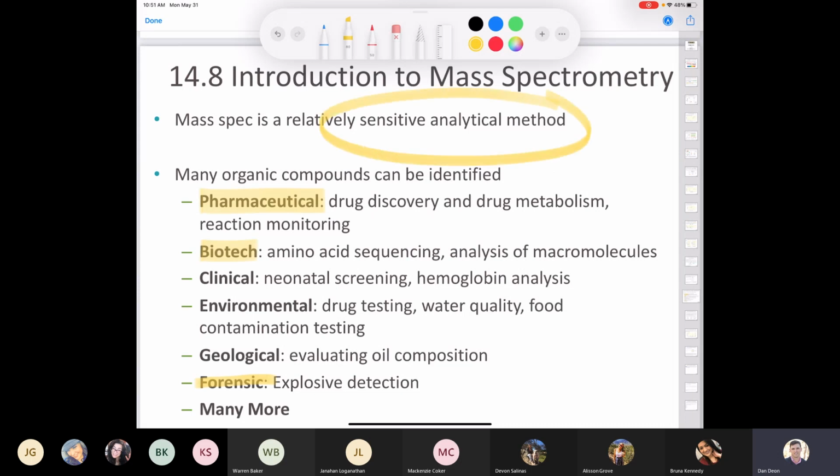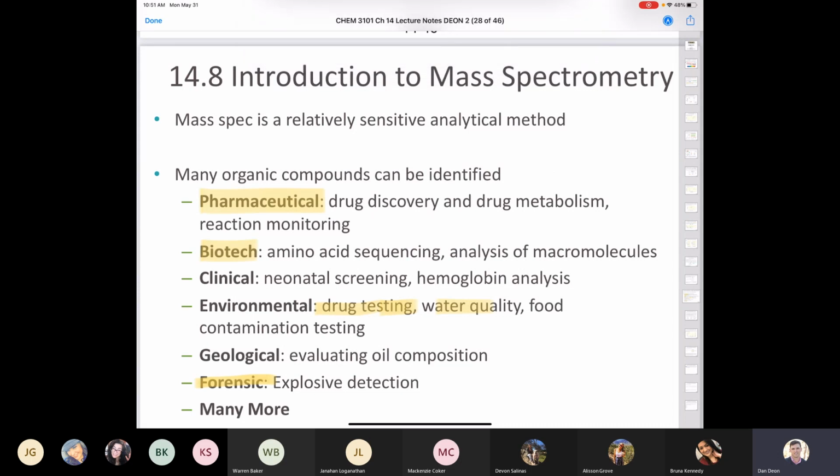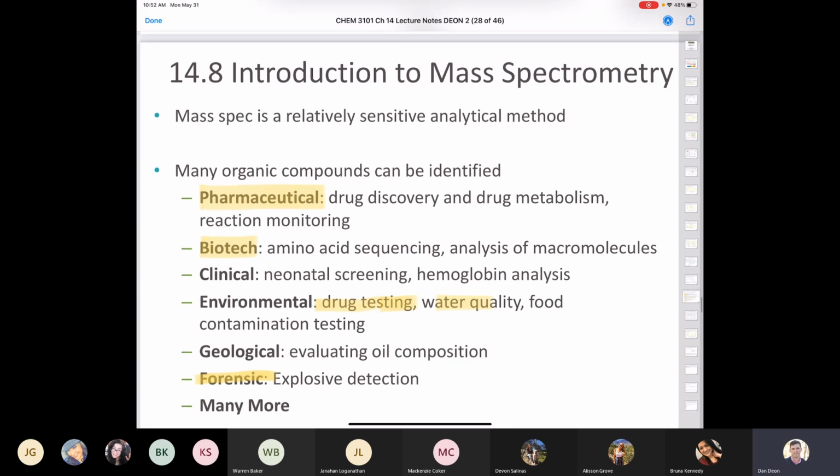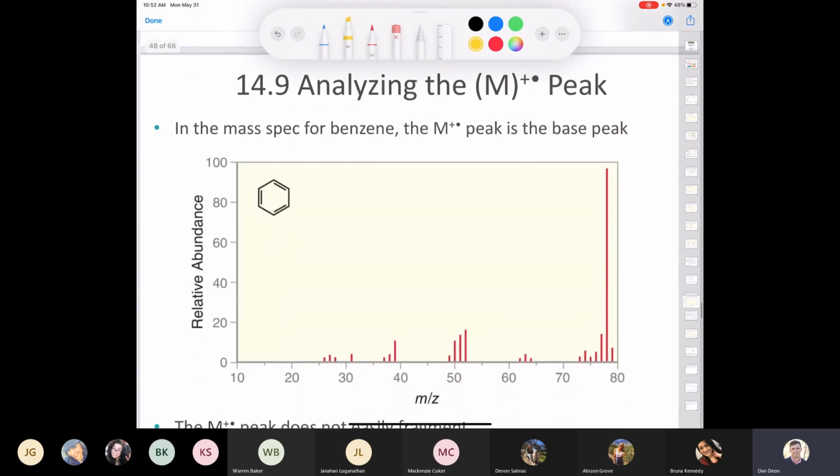Why? Because it's such a sensitive analytical method. Another good one would be drug testing, water quality, looking for contaminants in food. Mass spec would be a great way to determine the amount of, let's say, poison in water. It's a very sensitive technique, and so it would be good for doing that.